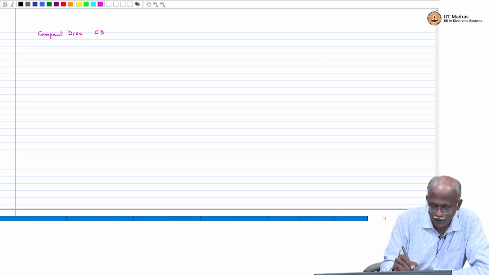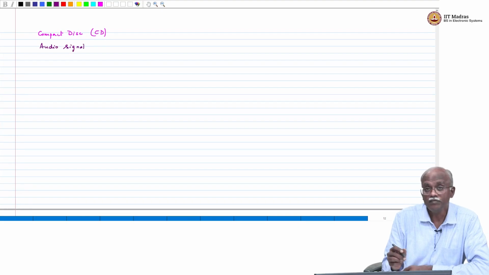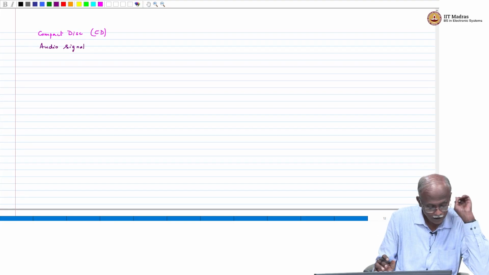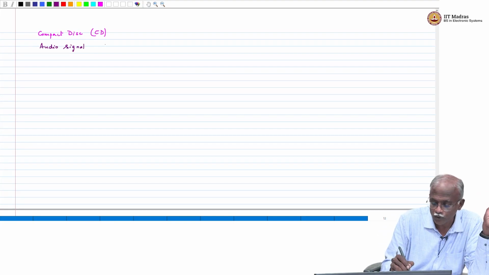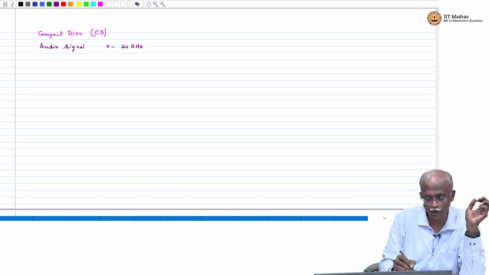In a compact disc, the assumption is that the audio signal we want to preserve is in the range 0 to 20 kilohertz.